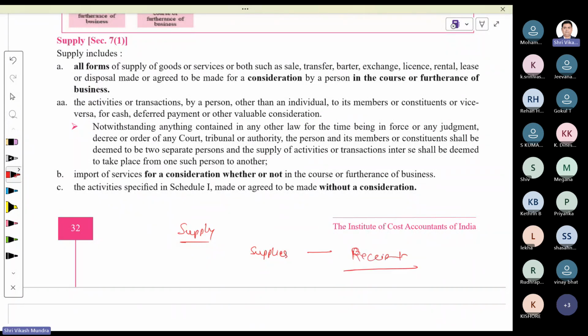Agree or disagree? If at least two persons are not involved, we cannot say that there is a supply. At least two persons should be involved in the transaction. Then only it will be considered as supply.